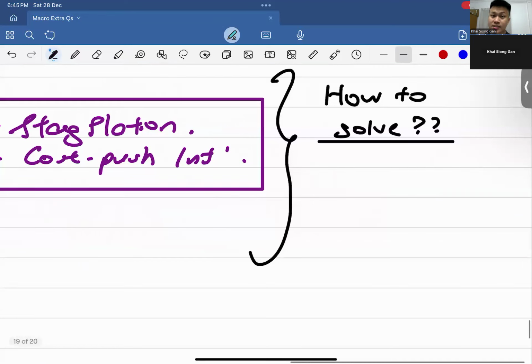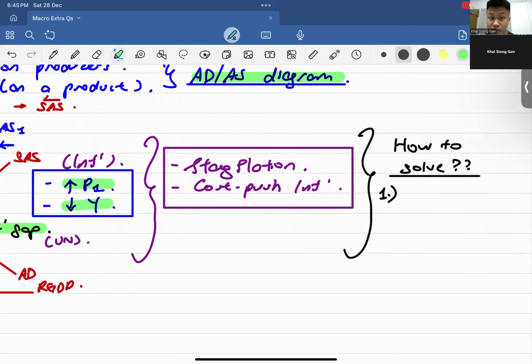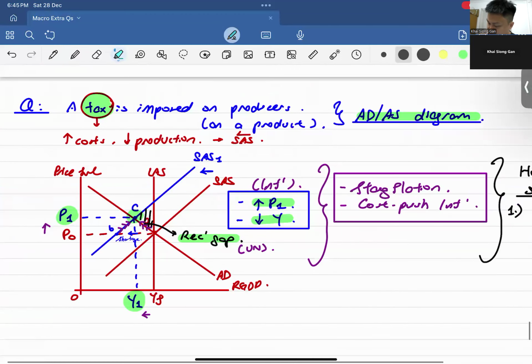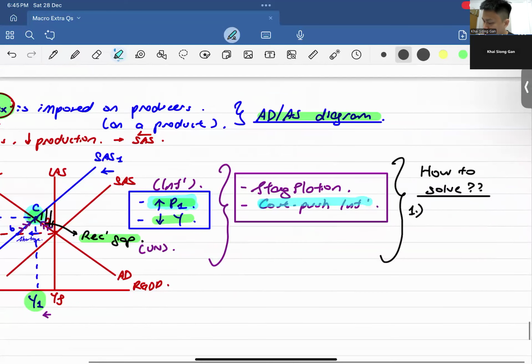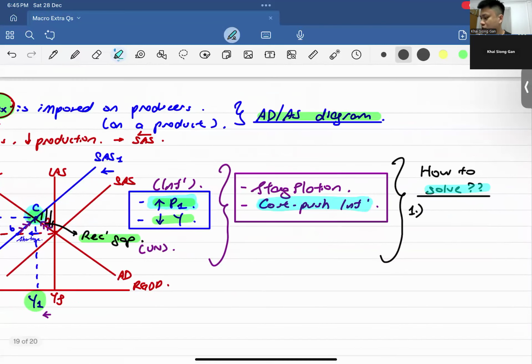What are the potential policies you can use? Let's say I just want to solve this inflation. Now my focus is inflation, not so much the recessionary gap. The price level has become higher already, resulting in cost push inflation. My focus is inflation now. How to solve this inflation?